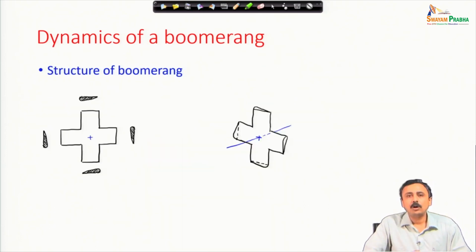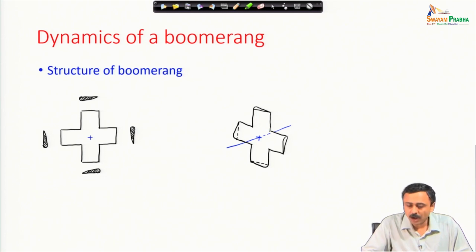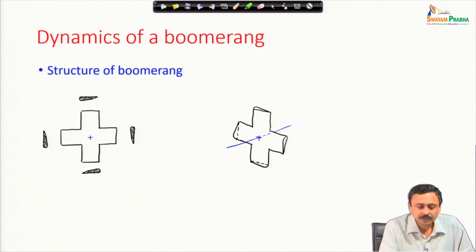First, we should know the structure of a boomerang. For simplicity, I have considered this four-armed boomerang. There is this crossed structure, but the arms have an aerofoil shape, and note carefully how the aerofoil shape is oriented in the four arms.